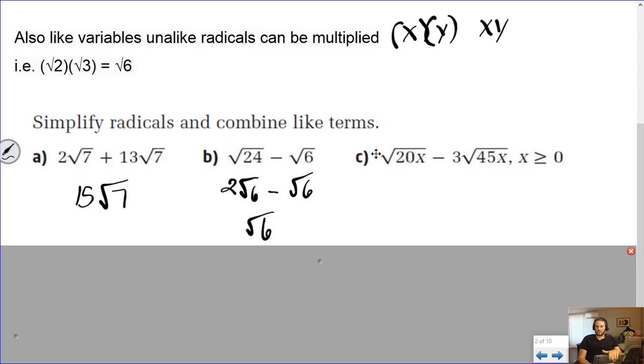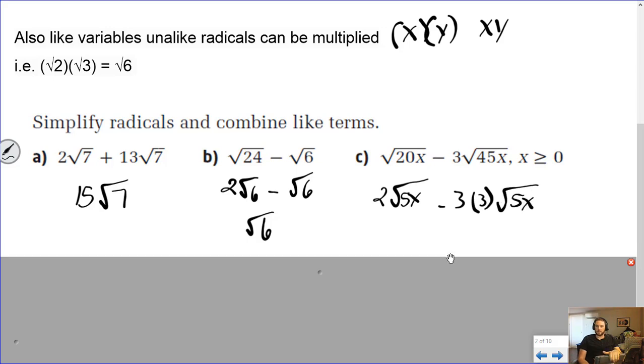So, for example, I'm going to simplify this root 20 to give me 2 root 5x, because the square root of 20 is the square root of 4 times 5, and the square root of 4 is where I get this 2 from, minus 3 times, and do the same thing here, 45 is 9 times 5, so the square root of 9 is 3, and again, I'm left with root 5x. So now I've got two groups of root 5x, and I've got 9 groups of root 5x, so 2 minus 9 is negative 7 root 5x.